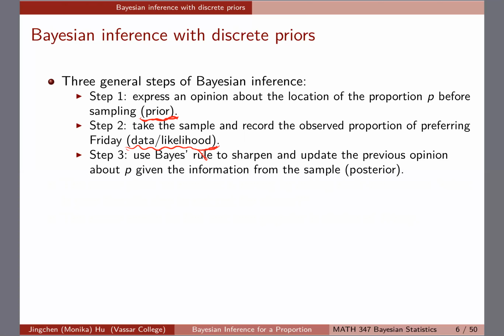I'm going to talk a little bit more about the likelihood, why we say that, but really it's related to that. You take the sample and then you collect the data. Step 3 is you use Bayes' rule to sharpen and update the previous opinion about this unknown P, given the information that you have. Okay?